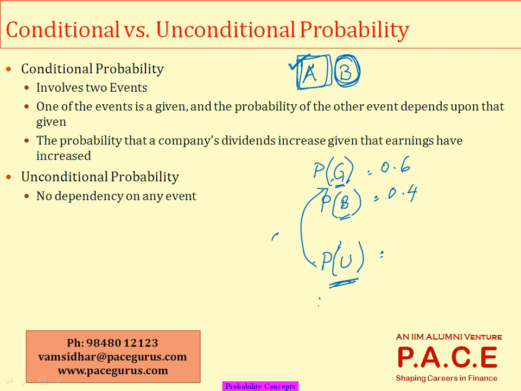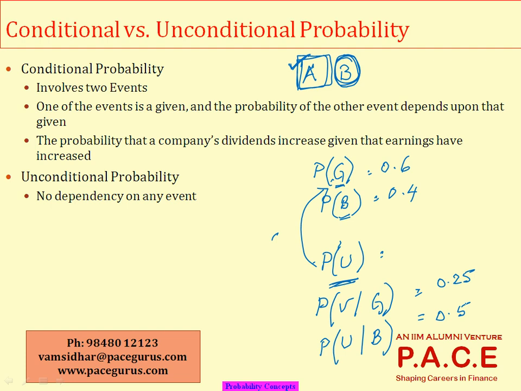We are talking about, provided the economy is good, U given G. Given that the economy is good, what is the probability of unemployment? Probably I'll say 25%. Given the economy is bad, what is the probability of unemployment?